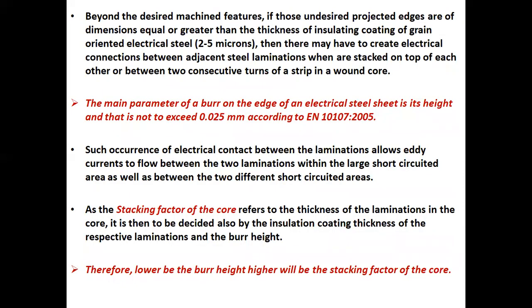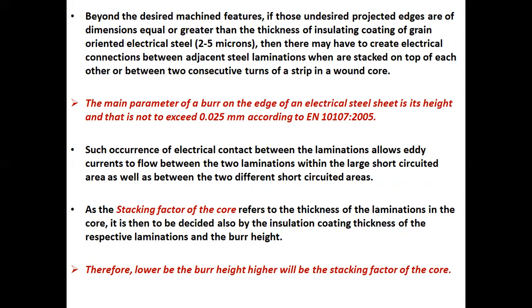Beyond the desired machined features, if those undesired projected edges are of dimensions equal to or greater than the thickness of the insulating coating of grain-oriented electrical steel, that is 2 to 5 microns, then electrical connections may be created between adjacent steel laminations when stacked on top of each other, and between two consecutive turns of a strip in a wound core.